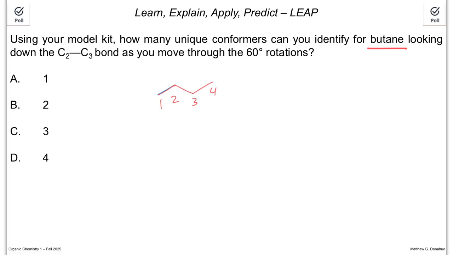So that's going to be butane. And it says we want to look down C2 to C3. So that's a sigma bond now.